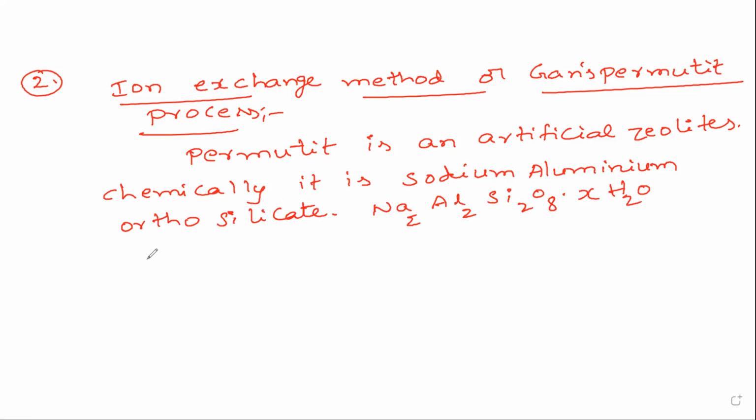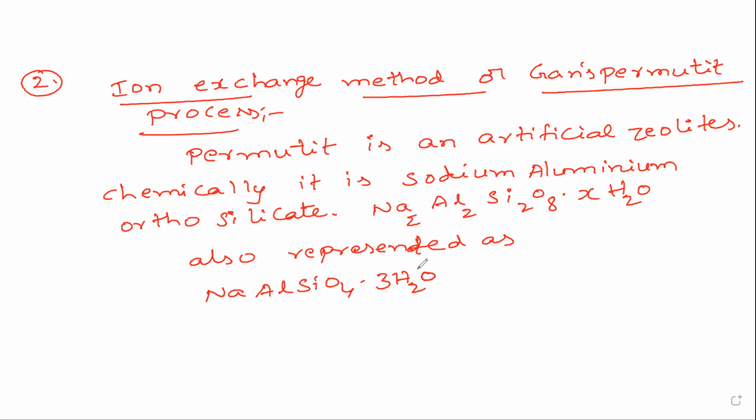So this Gauss permutit is also represented as NaZ, also represented as NaAlSiO4 dot 3H2O.